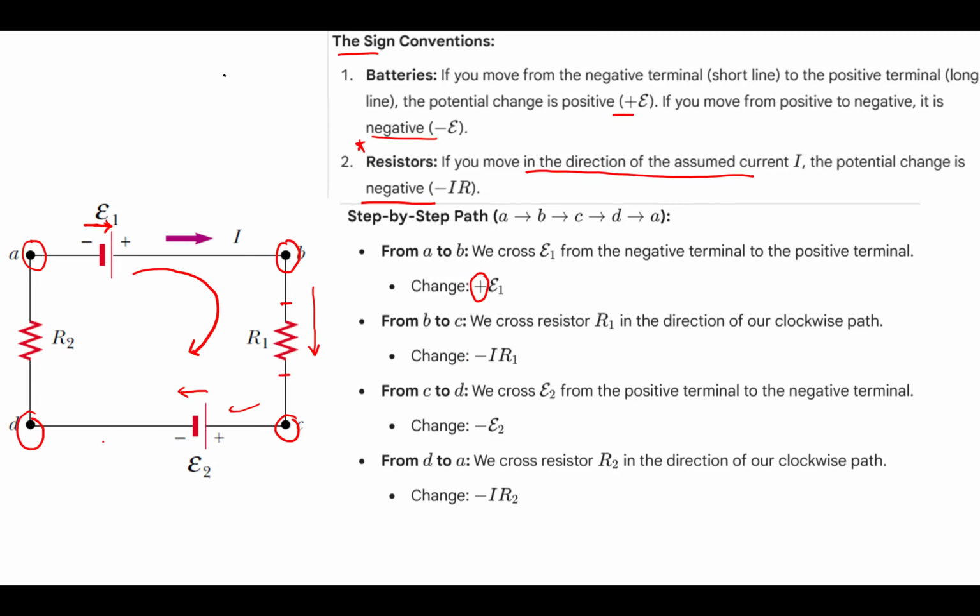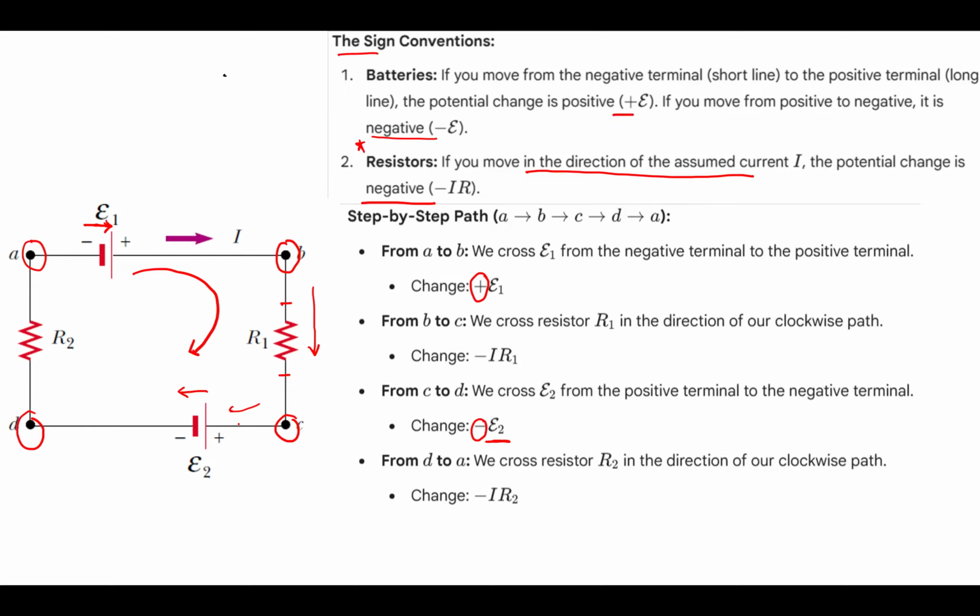From C to D, there is another electromotive force, and we go from positive to negative, which means the change is negative.